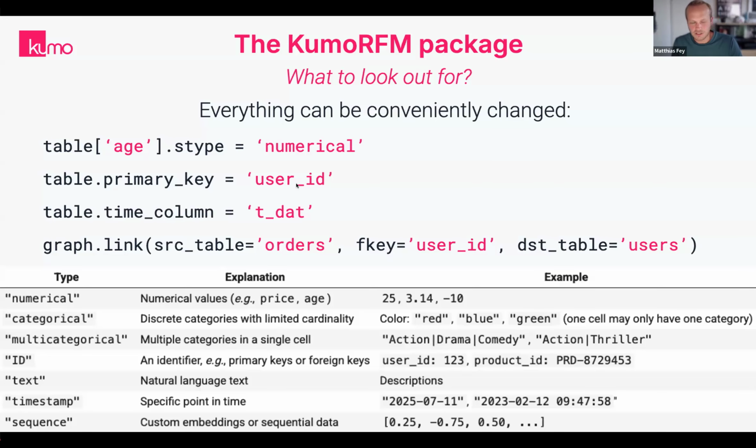You can change the semantic type of a column. Semantic type here means the type of data, which is important to look at from a model processing perspective. You can change the primary key, time column, and all the links of your graph. This is just a good sanity check to do.